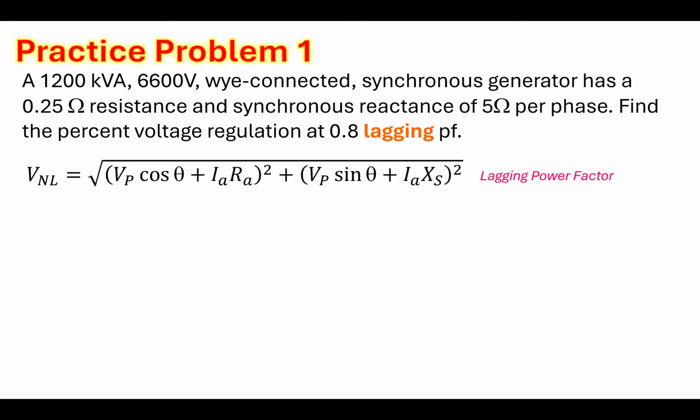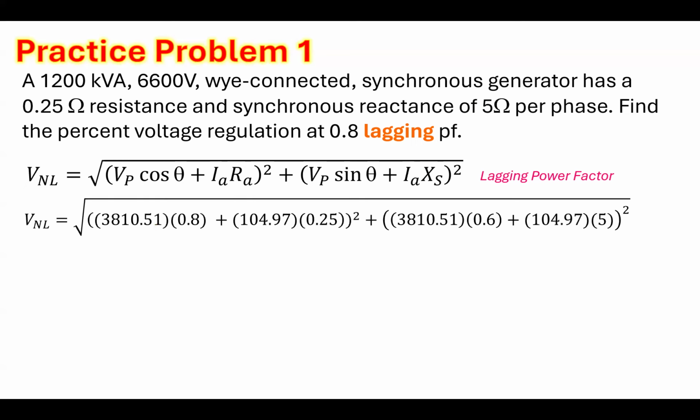So using our equation for the lagging power factor, we simply plug in all the values in our equation for lagging power factor. Our no load voltage will become 4,166.06 volts. This is also our generated voltage, I mean.